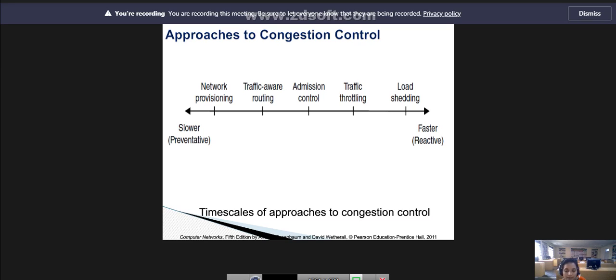Two solutions come to mind: increasing the resources or decreasing the load. These can be classified as preventative, which is slower, and reactive, which is faster. So these are the approaches we are going to discuss.